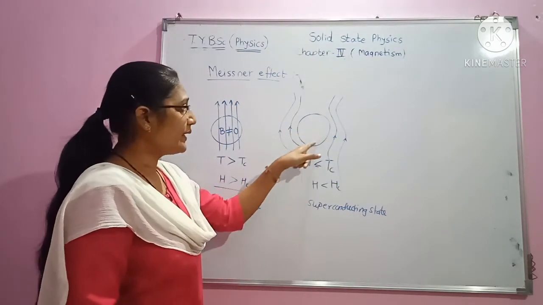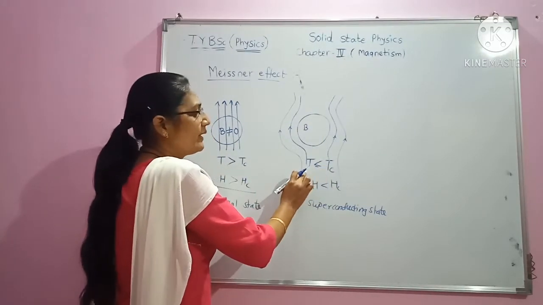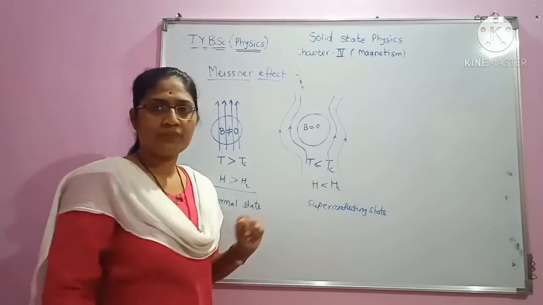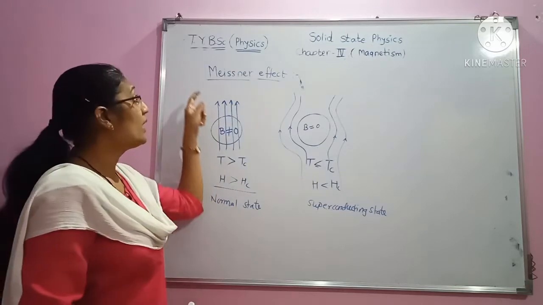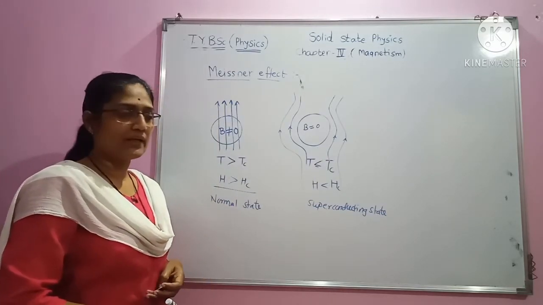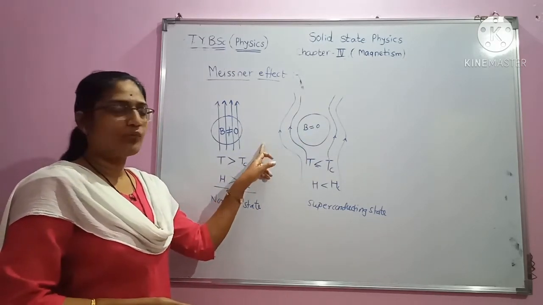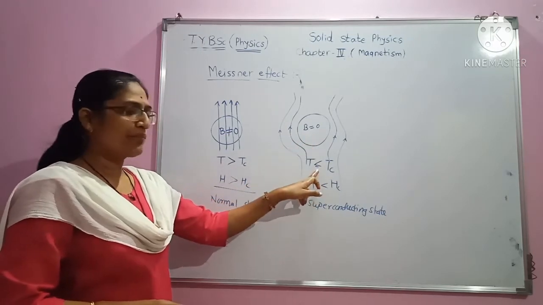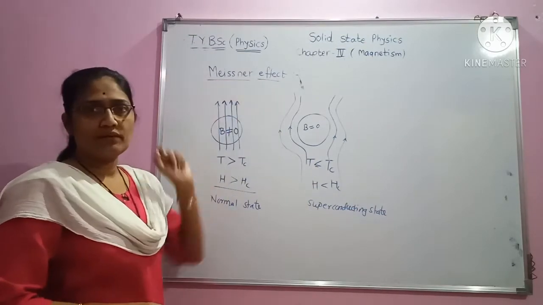Hence, in the interior of the material, at T less than or equal to Tc, B becomes 0. This is the observation of Meissner and Rosenfeld related to the superconducting nature of the material, and this effect of expelling the magnetic field from the interior of the superconducting material at a temperature less than Tc is called the Meissner effect.